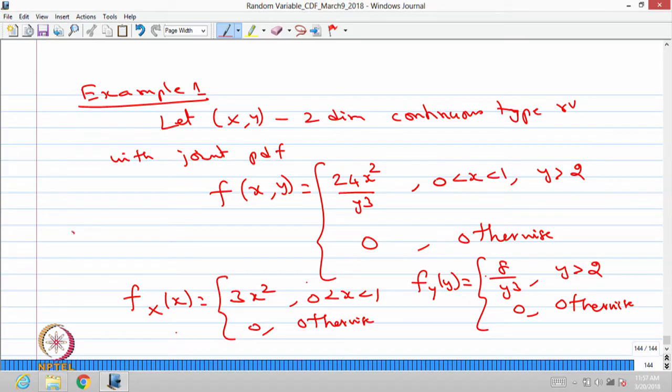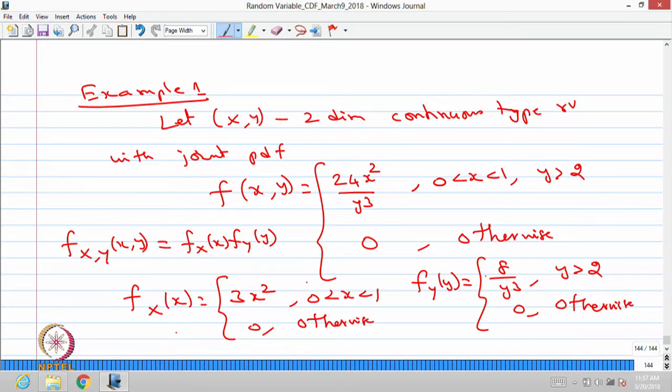In this example, the joint probability density function is the same as the product of the probability density functions of the random variables x comma y, because it is 3 times x square, the other one is 8 divided by y cube.